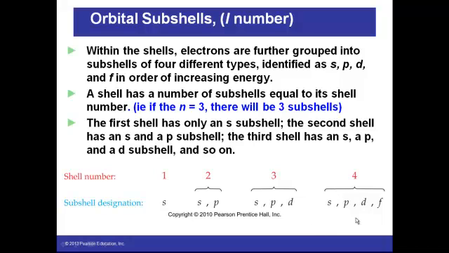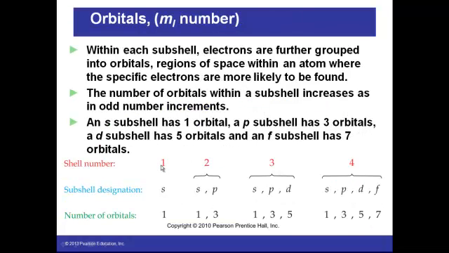And after the fourth, the fifth, sixth, and seventh also house these 4 subshells within them. So these are like, again, the apartment complexes, and then these are the apartment buildings within the complex, and then you have the orbitals, which are the individual apartments that can exist within the apartment building.